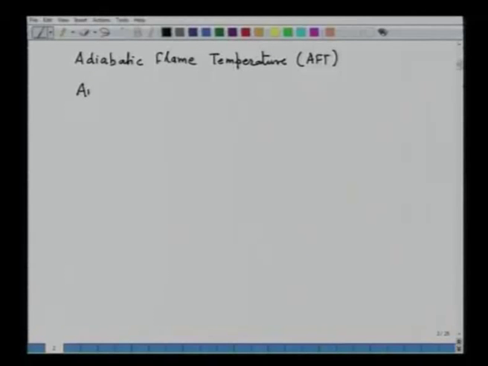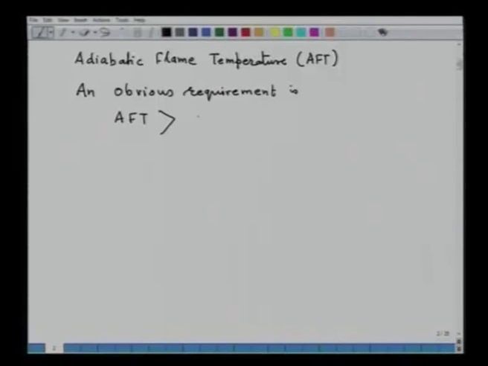So, an obvious requirement is that the calculated value of adiabatic flame temperature should be greater than furnace temperature.